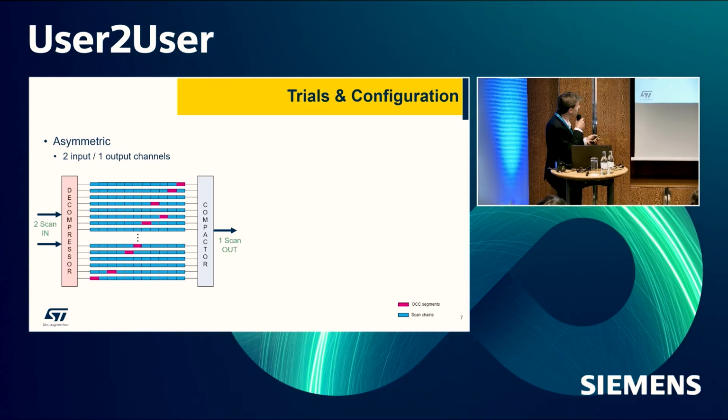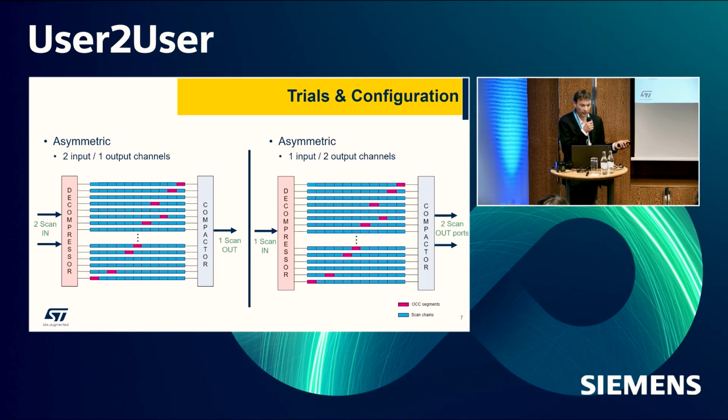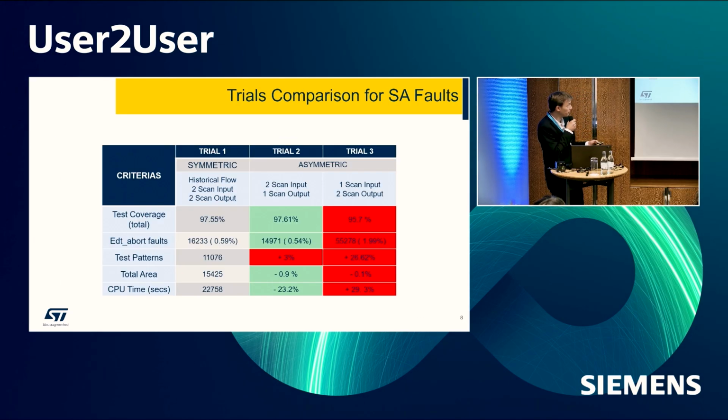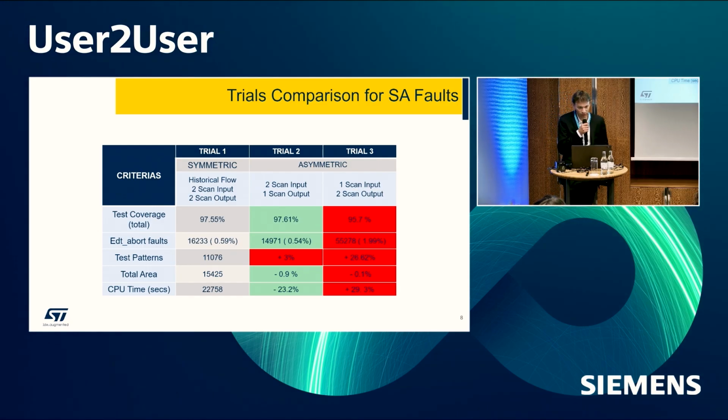So in this case, we have a configuration with 2 channel in and 1 channel out. That was the first trial. The second trial was the opposite, 1 channel in and 2 channel out. In this configuration, we kept the placement of the OCC care bits the same way they were doing historically. And here are the first results that they could get.